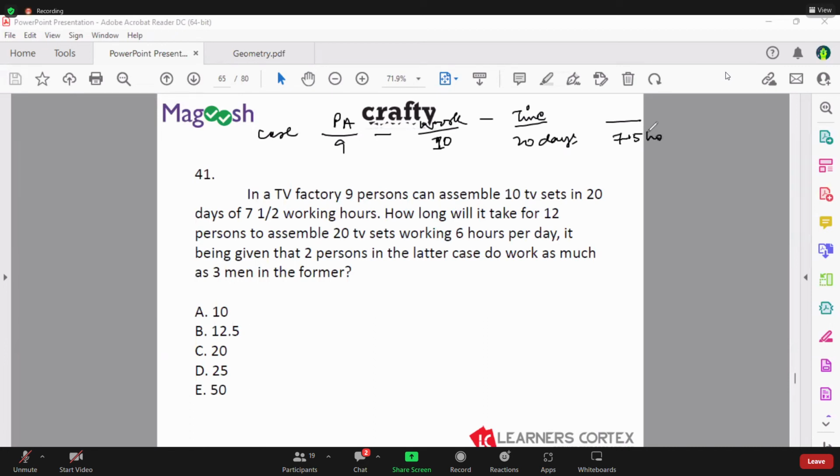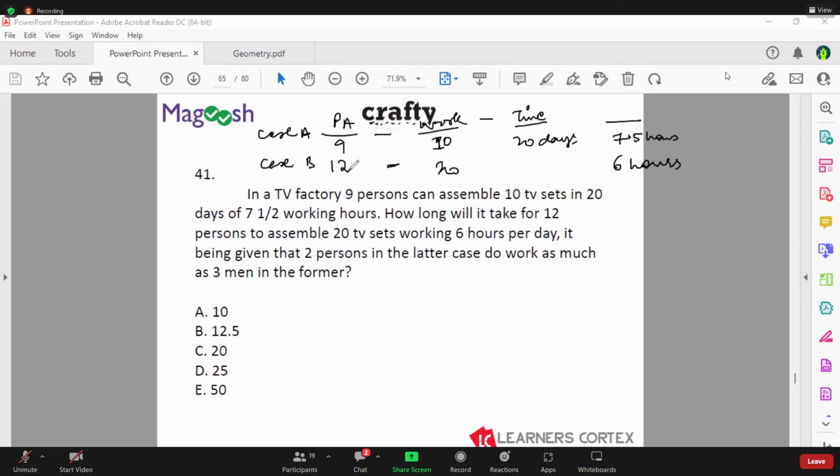Okay. The second scenario is, if let's say 12 people, it is asking how many days it will take for 12 people to make 20 TV sets if working hours were only 6 hours.